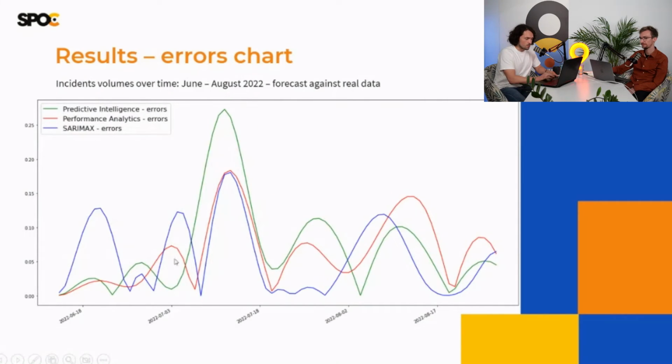So all of those models, even at the peak when the error was the most noticeable, do not exceed 0.27. Even though there is a high peak here, and none of those models were able to predict this peak exactly, still the error is not as great as we could expect.